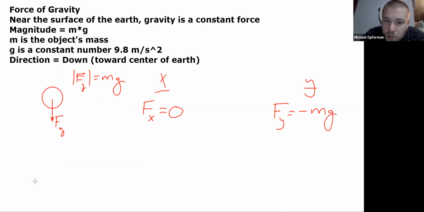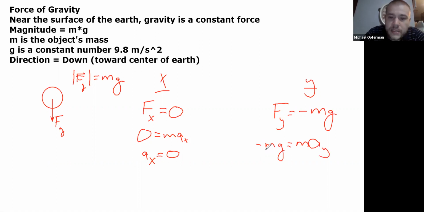Now we set this equal to ma, so we have 0 equals ma_x, which tells me that the acceleration of the ball in the x direction will be 0. And in the y direction, we will have minus mg equals ma_y.